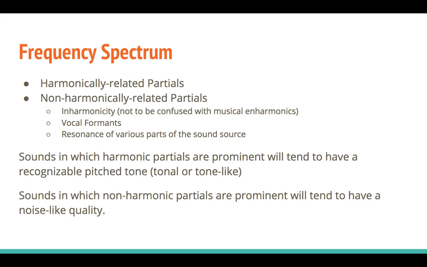We have related concepts that happen with various types of sound sources that generally result from the resonance of various parts of the sound source. For example, an acoustic guitar will have pitch content and harmonically related partials related to the length and tension of the string, producing a fundamental frequency, and also producing harmonics.